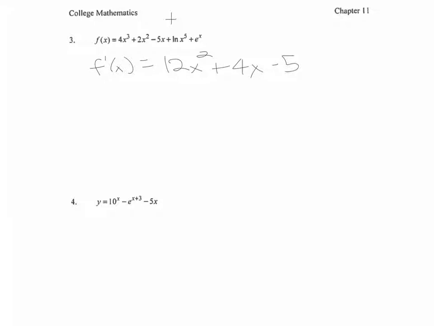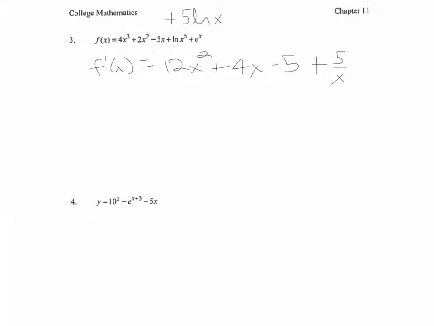Yes, we multiply exponents. That means we pull that exponent down in front and we think of this as 5 times the natural log of x. Now that looks like something I'm going to be able to take the derivative of. What's that going to become? Good. 5 times 1 over x, which we know from the previous problem is 5 over x.